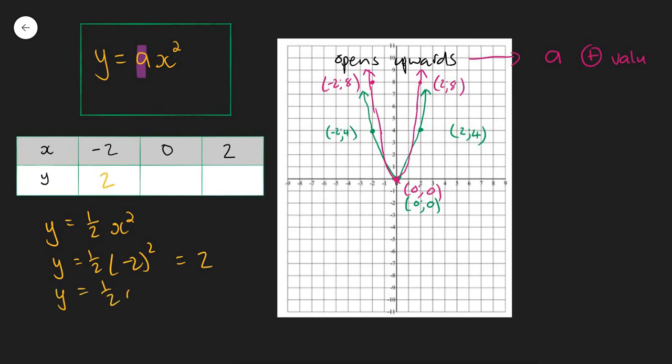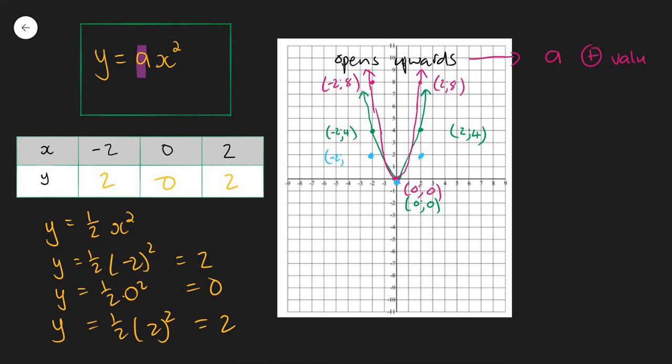Half of 0 squared is going to be 0, and half of 2 squared is going to be 2. So it's -2, 2, 0, 0, and positive 2 and 2. Let me do my best.